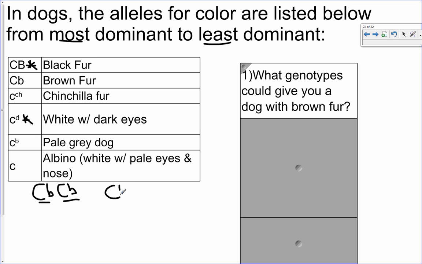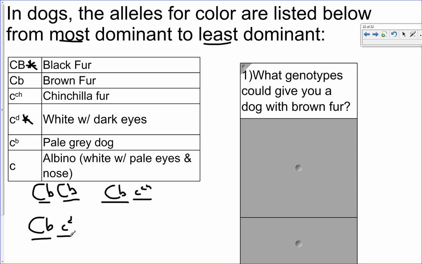Cross a purebred white dog with dark eyes with a dog heterozygous for chinchilla and pale gray coat. Okay, so this gets a little confusing. Cross a purebred, remember that means homozygous, white dog with dark eyes. So that's going to be here, this CD. So let's go ahead and start this one here.